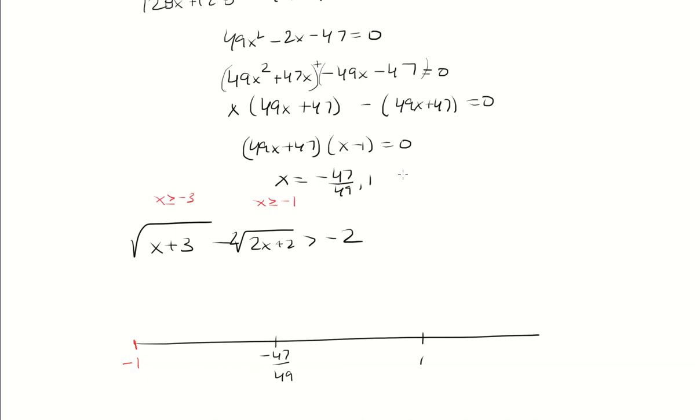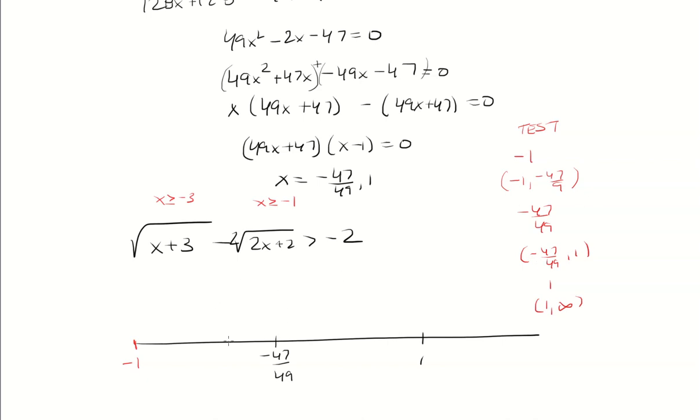I don't know which one is true. So there's going to be a couple of things we need to test. We need to test negative 1. We need to test a number between negative 1 and negative 47 over 49, negative 47 over 49, a number between negative 47 over 49 and 1, 1 itself, and then a number bigger than 1. So there's quite a few things we need to test.